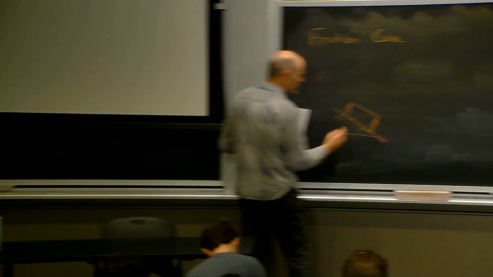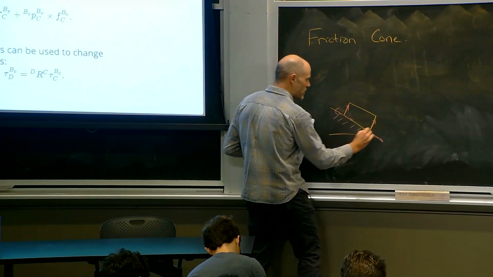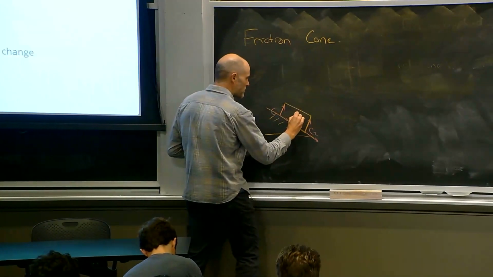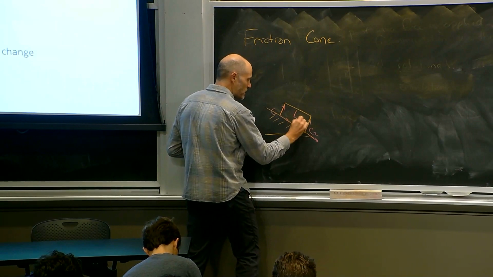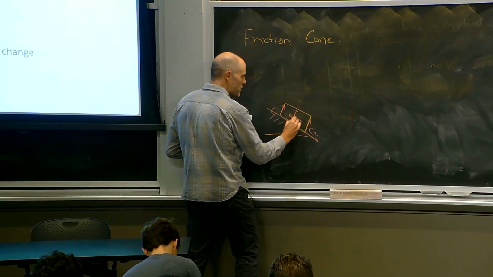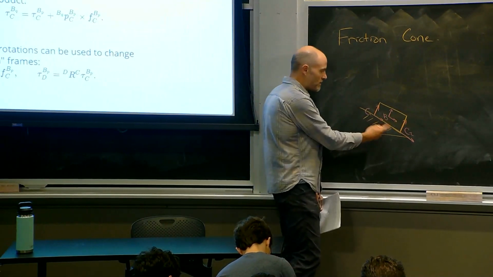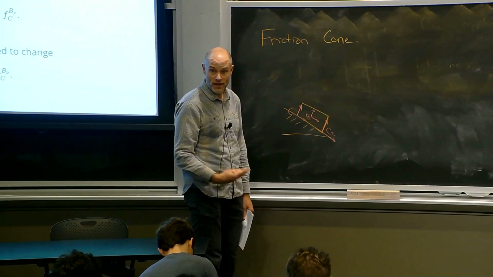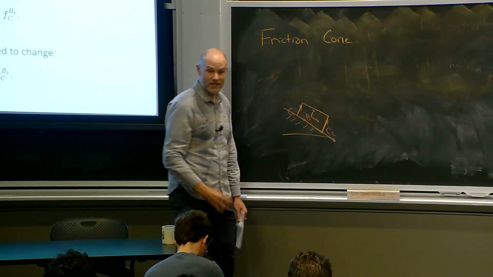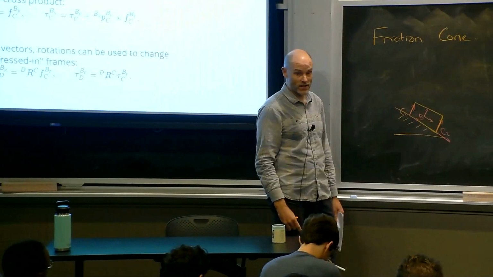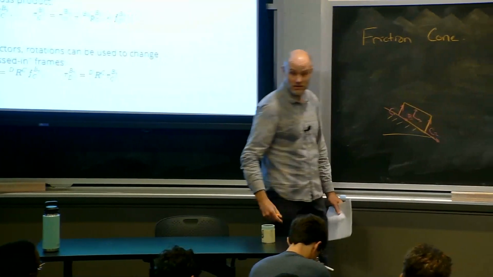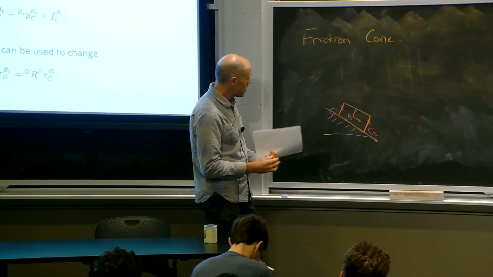If I still have little feet on the corner here, I'll still call this C1, C2. I still have body 1 in the body frame here. But now, if it's going to be in equilibrium, I have to do a little more work to make sure I've defined that horizontal component in the contact frame.